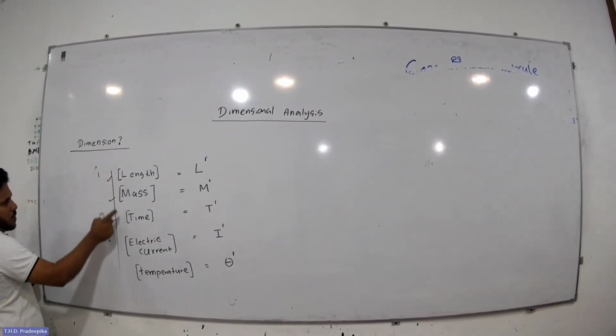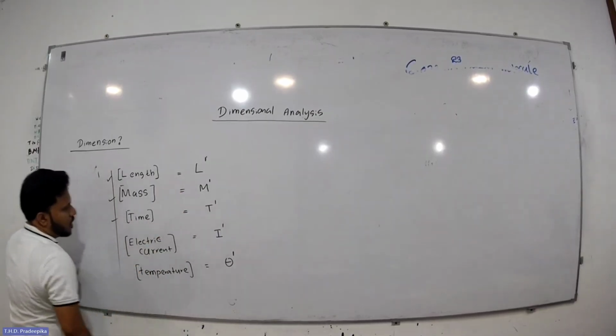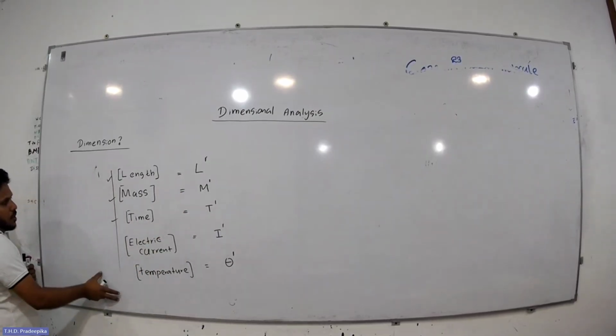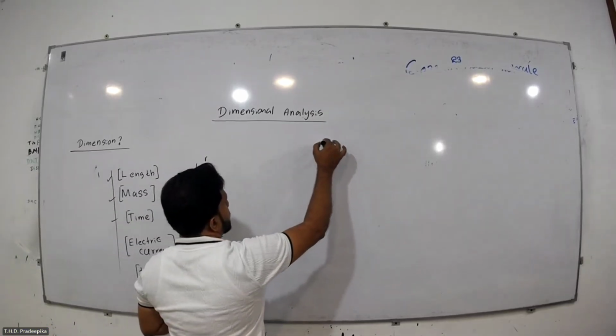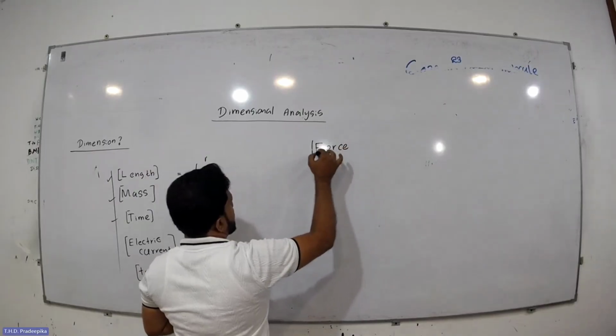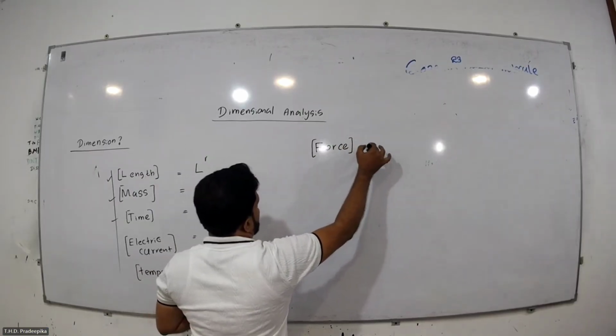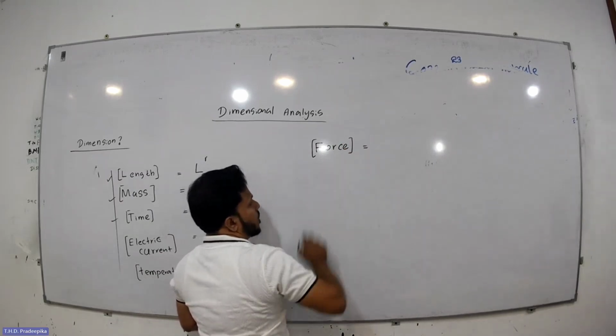So these are the three main dimensions and their symbols. If you take force, this is how we get the dimension of force. How do we define force?